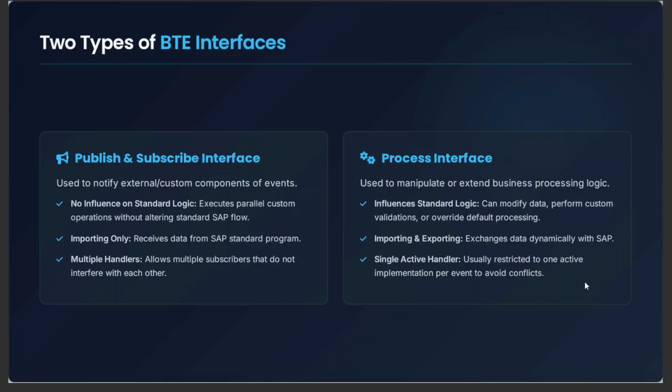The second one is the process interface. This type is designed to manipulate or extend business logic. It contains both importing and exporting parameters, so it allows your custom function module to modify data, perform custom field validations, or substitute values before SAP completes the process.